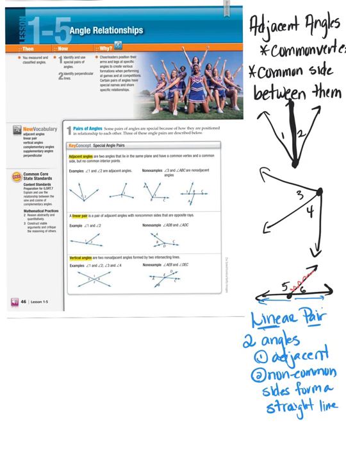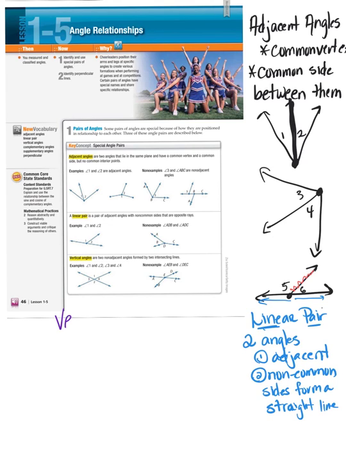A linear pair: two adjacent angles with non-common sides forming a straight line. Okay? So that's two of the big vocabs we need to know. The next one is huge, huge, huge for us to remember. So I'm going to put it in purple because that's such an important Darlington color. We're going to make sure that we understand it.